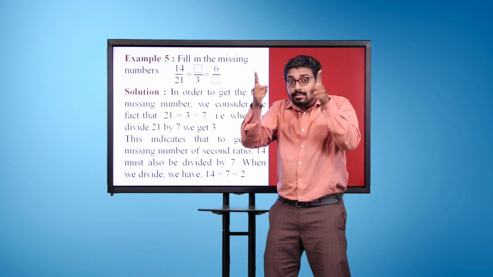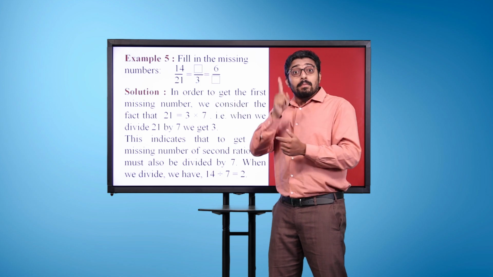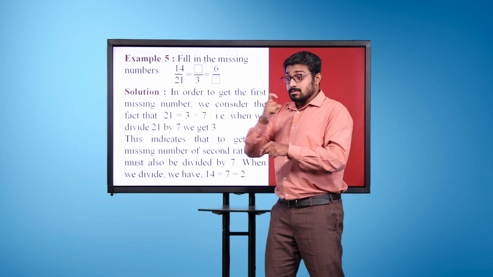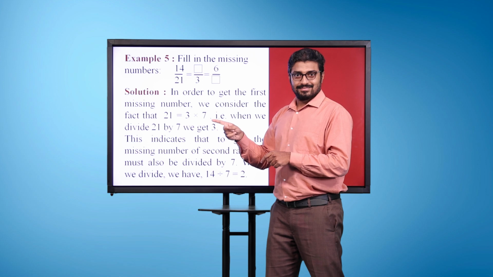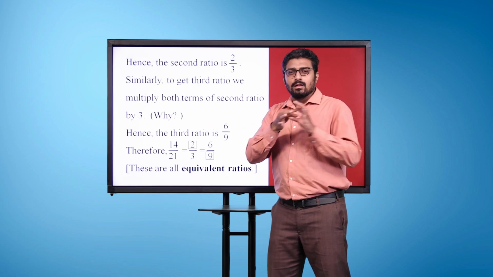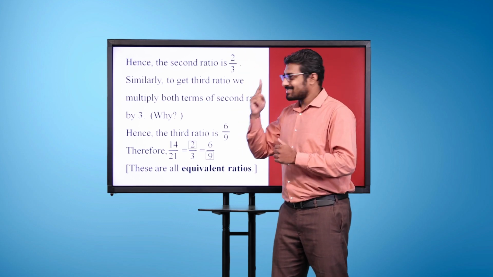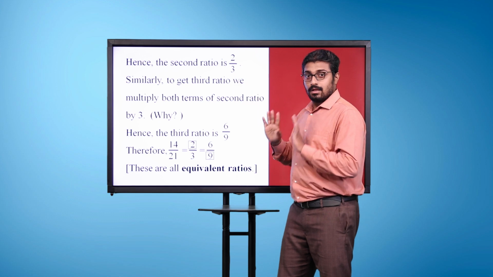When we divide, we have 14 divided by 7 is equal to 2. Hence, the second ratio is 2/3.